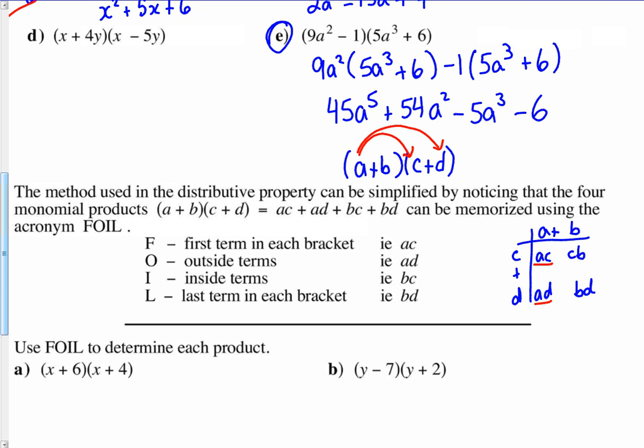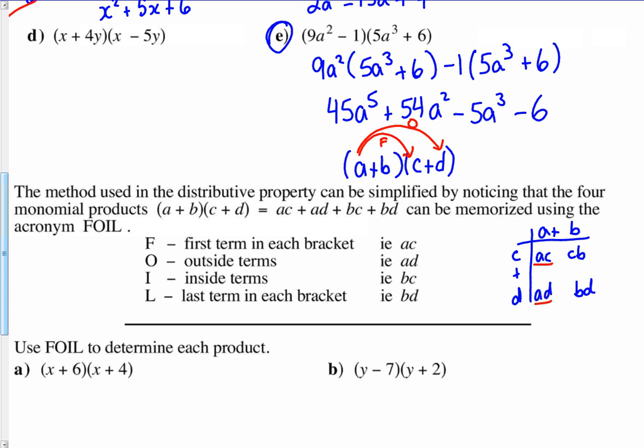So we're going to use arrows, rainbows, or something. So we first go A, so the F stands for the first terms in the brackets. So the two first terms, A times the C. The A times the D is the same thing as the outside terms. They're both on the outside. You see that?